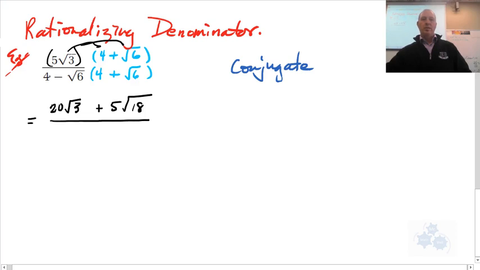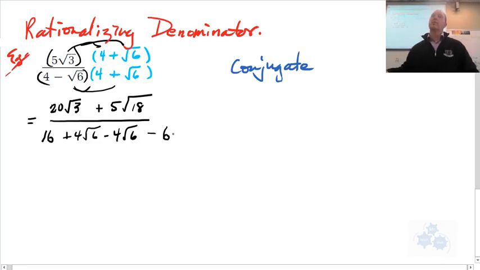Well, when we do this now, a binomial times a binomial, we get 16 plus 4 root 6 minus 4 root 6 minus root 6 squared, or just 6.